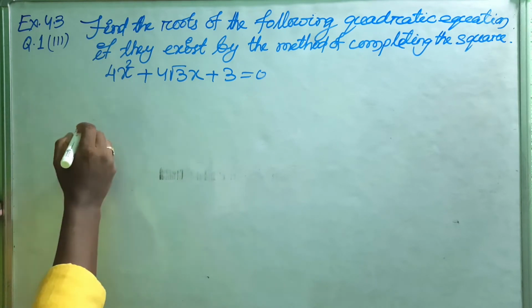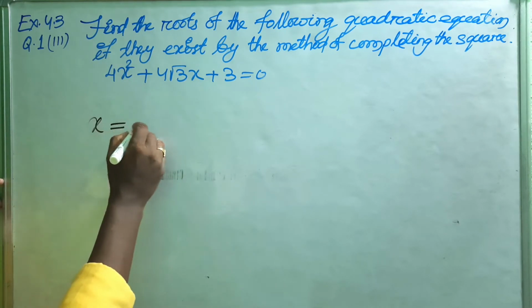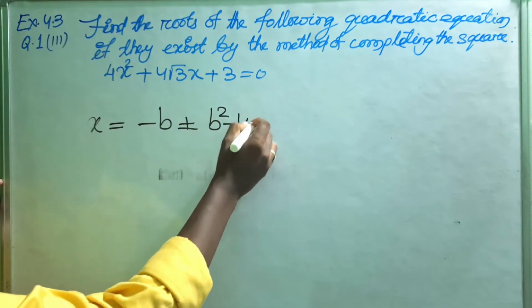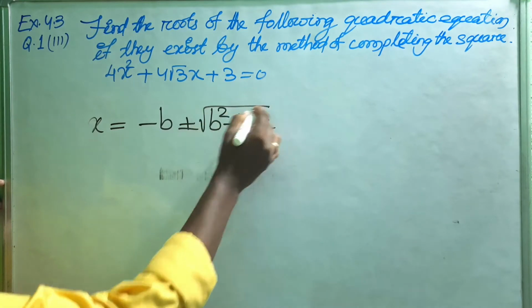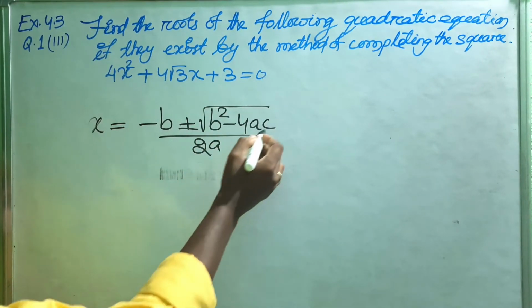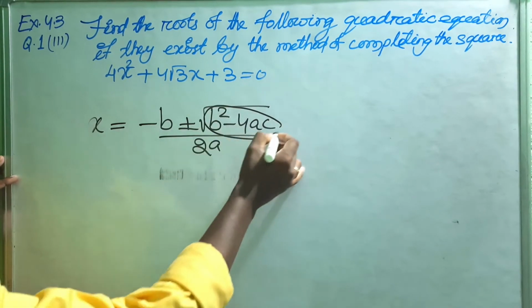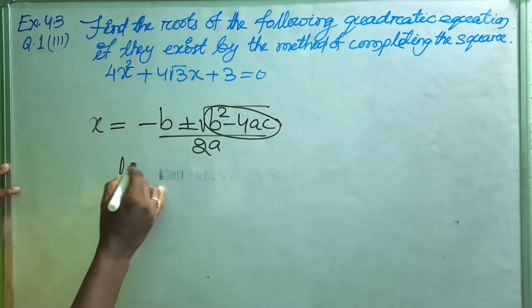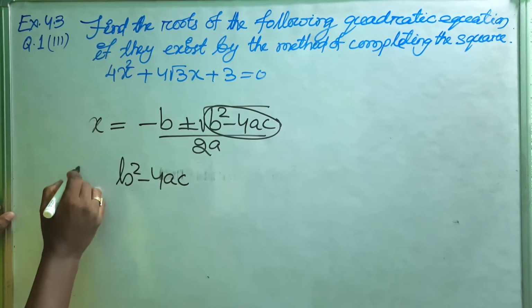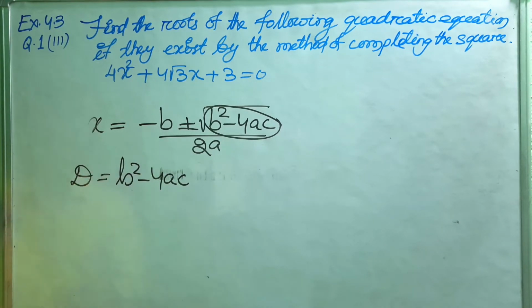What is that formula? x equals minus b plus or minus the square root of b square minus 4ac, over 2a. So this is the formula.